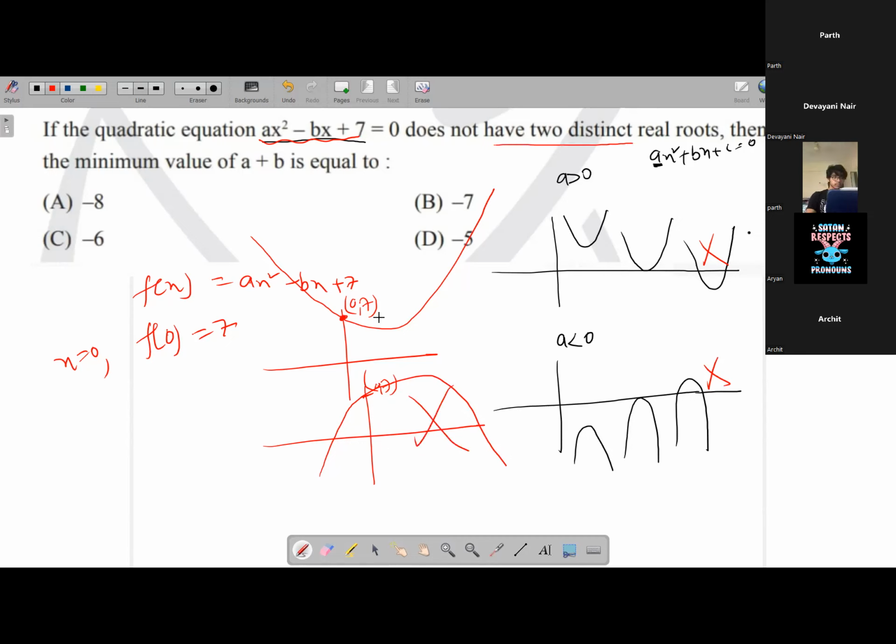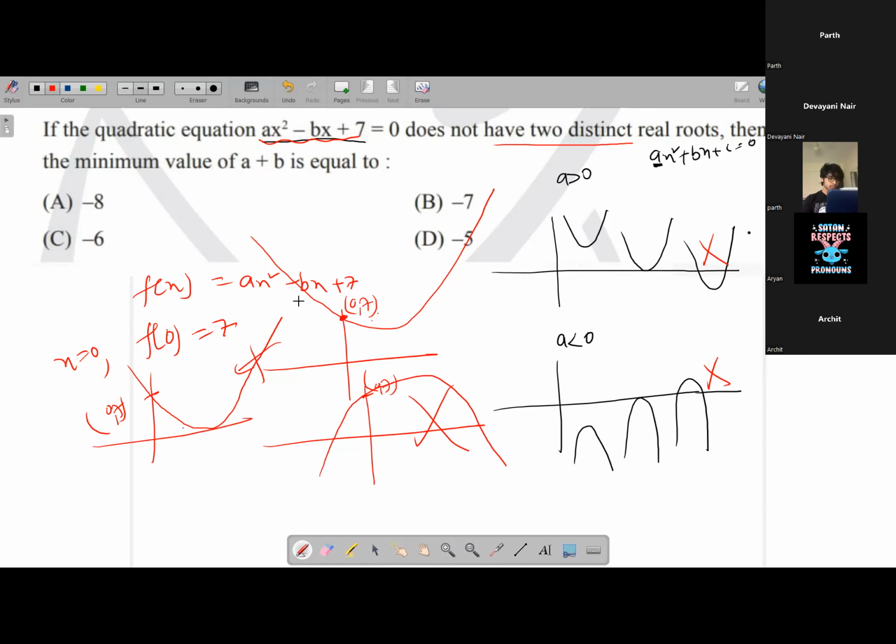So the only option we have is this. Either this kind of graph is possible or we can have this kind of graph as well. It will just touch, which means it will have real roots, but both are equal. It will not have two distinct real roots unless it intersects the x-axis, right?